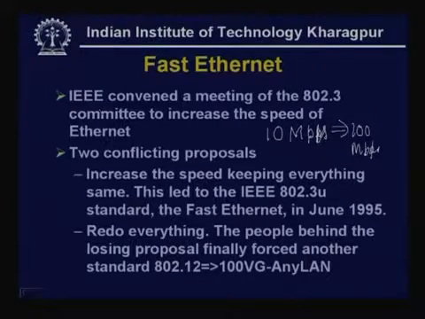However, when the IEEE convened a meeting of the IEEE 802 committee to increase the speed of the Ethernet, there were two distinct proposals. Many people were not happy with Ethernet because of the probabilistic nature of the transfer. As you know, there can be unbounded delay, and it is possible that a frame cannot be transmitted.